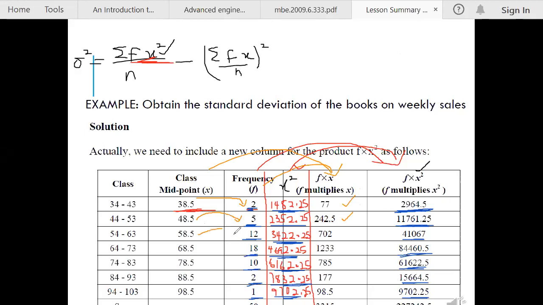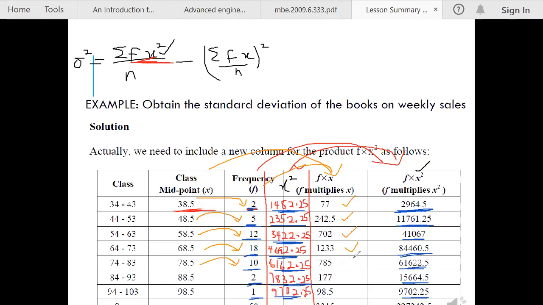Then 58.5 times 12, which is 702. Then 68.5 times 18, which is 1233.